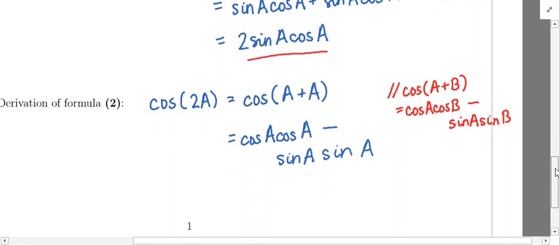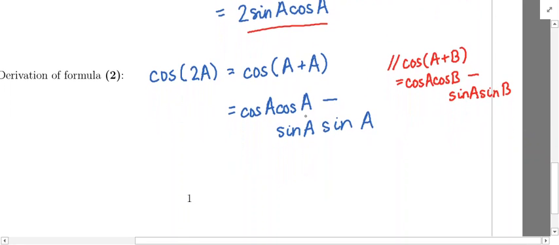When I look at this, I've got different things on either side of the minus sign, but I can do some combining. Cosine a times cosine a is the same thing as cosine squared of a, because I'm multiplying the cosine of a by itself. And then I've got my subtraction sign. I'm subtracting sine a times sine a.